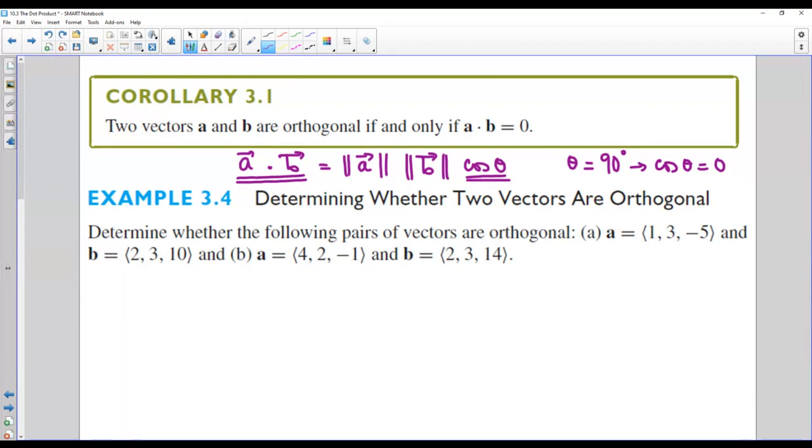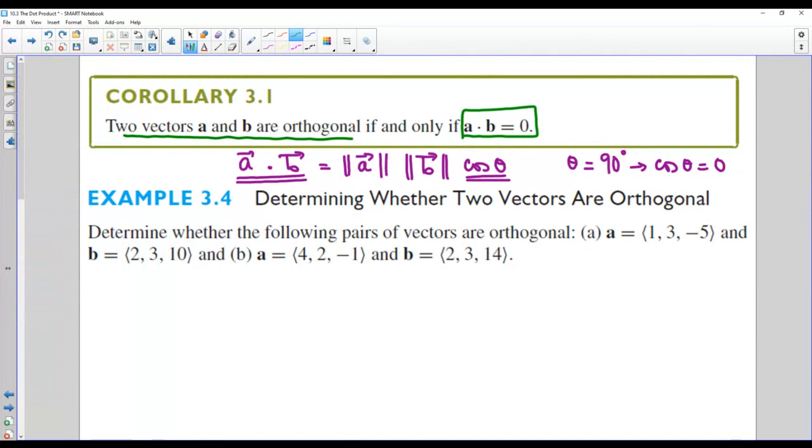So that means we have a rule for finding if two vectors are orthogonal or not. Two vectors A and B are orthogonal if and only if their dot product is equal to 0.